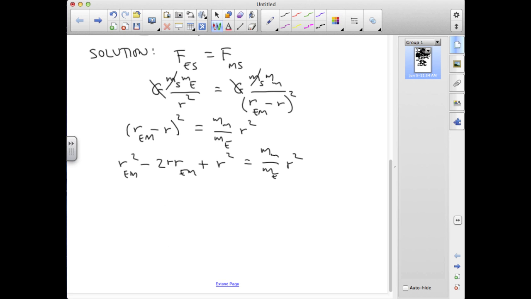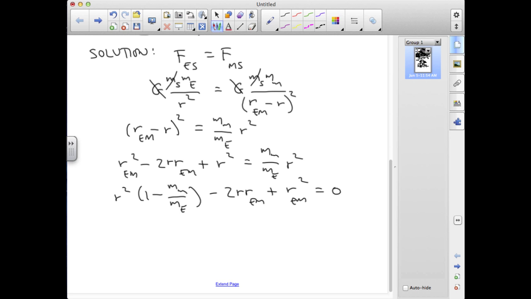So we will have two solutions, and we can talk about the relevance of each of those solutions after we take a look at the numbers. So I'll bring the r squared term on the right over to the left-hand side and rearrange this and write it as r squared times 1 minus this ratio, minus 2r times the Earth-Moon separation distance, plus that same Earth-Moon separation distance squared equals 0.